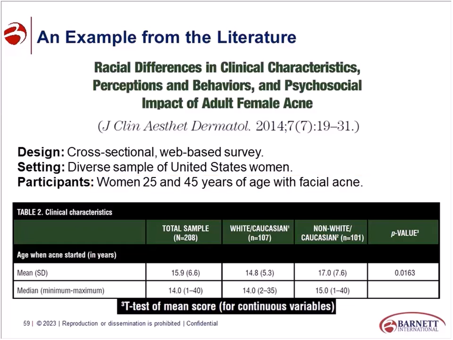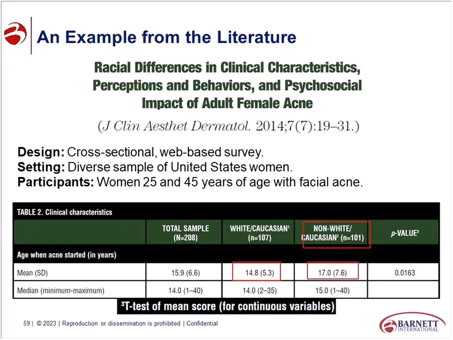Descriptively, among white Caucasian women, I have 107 women. The average age of onset they reported was 14.8 years, whereas in the non-white Caucasians, there were 101 women, and the age was 17 years.